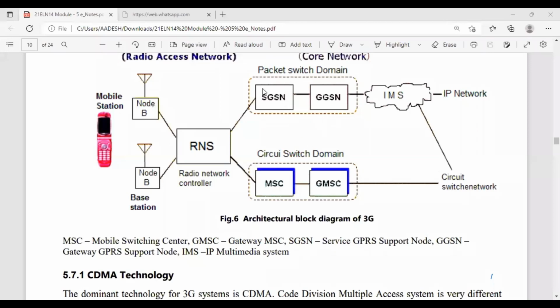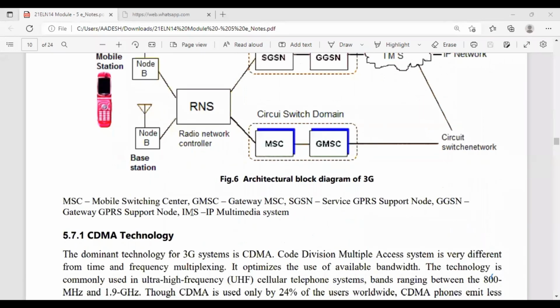Similarly, in the packet switch domain, if you want to send data from the SGSN to another network, we send it through the gateway GPRS support node. GPRS means general packet radio service, which means wireless data. So what is IMS? IMS means IP multimedia system.